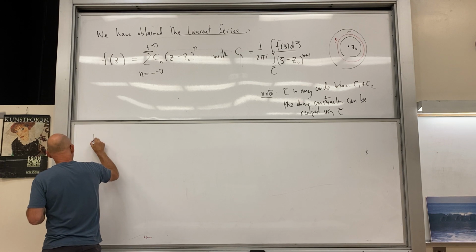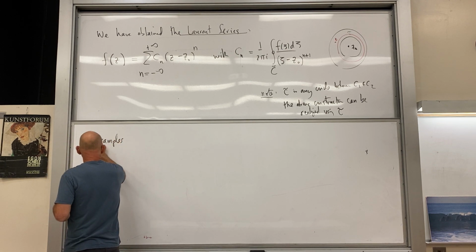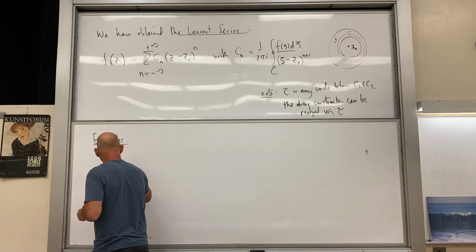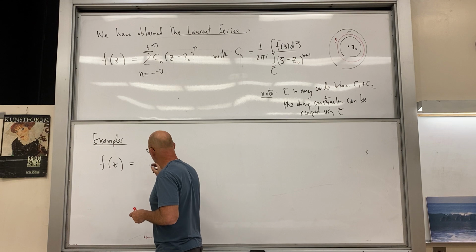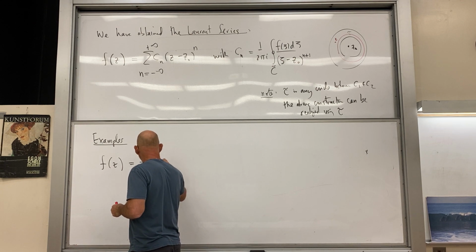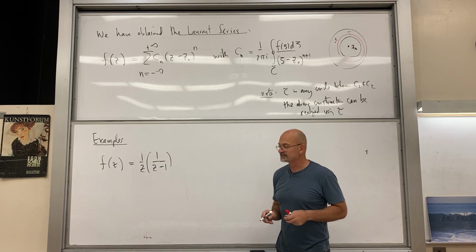I have a couple of examples. So suppose we had f of z equals 1 over z times z minus 1. And we want its Laurent series.